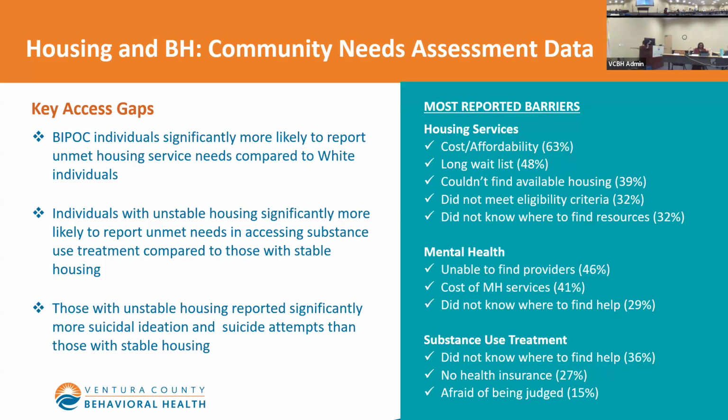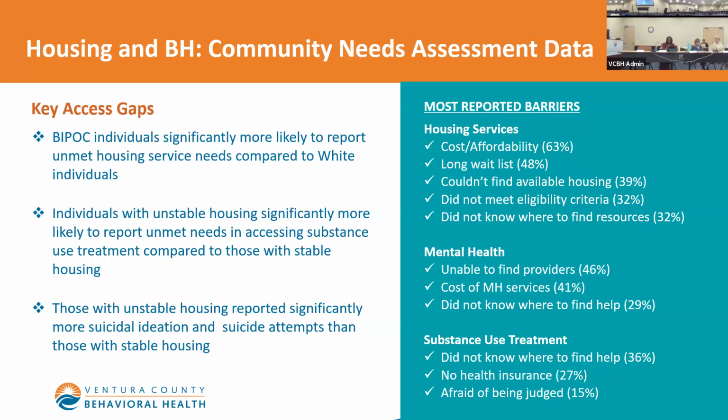The other thing on the right side is data just from Ventura County. When we surveyed residents of Ventura County, these were their most reported barriers. It's not going to be a shocker that number one, at 63%, was cost and affordability. The wait list was also pretty high, almost half, 48%. Couldn't find available housing, 39.